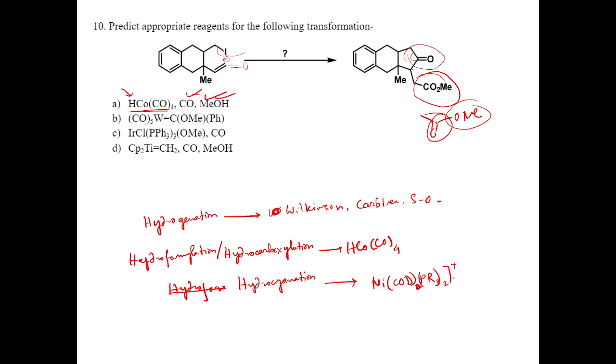It's clear, right? So here, what I told you, it is a hydrocarboxylation reaction. So you need one thing, that is the catalyst. This is your cobalt catalyst. So this is the thing that you need for this reaction.